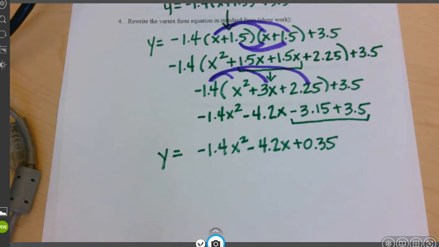All right. So what we just did there was we took the equation in vertex form and we multiplied it out to get the equation in standard form.